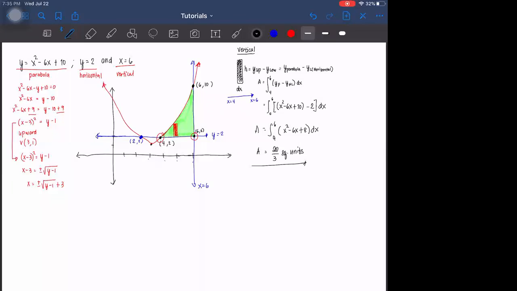Very good, 20 over 3 square units. Okay. How about if horizontal?